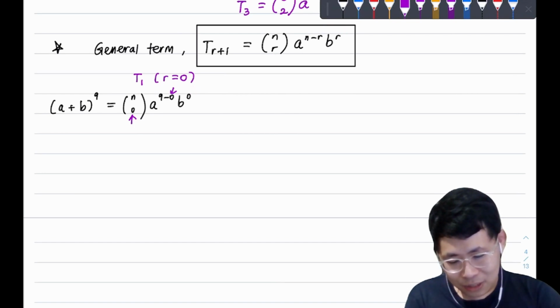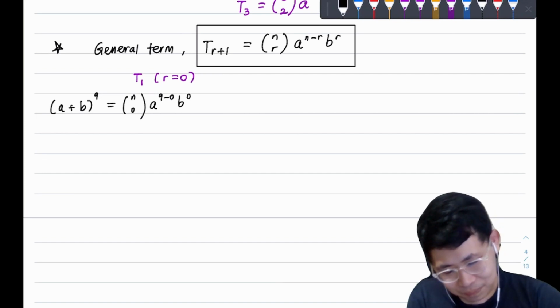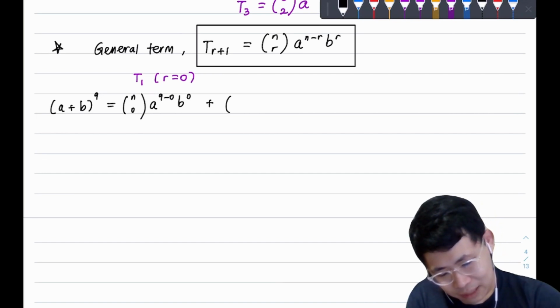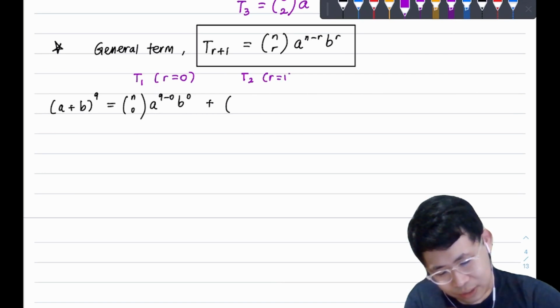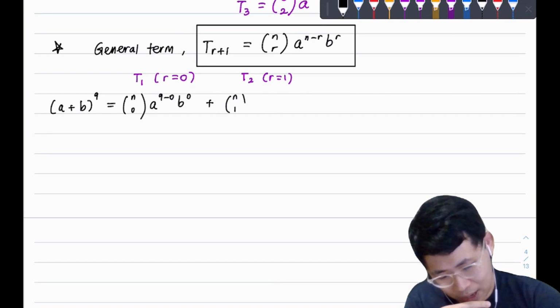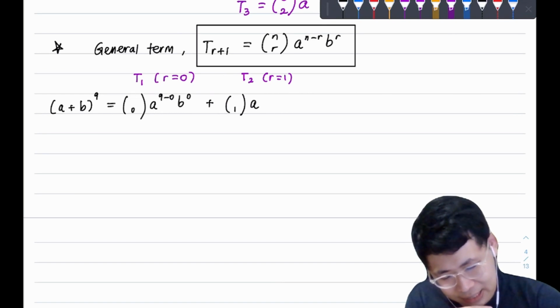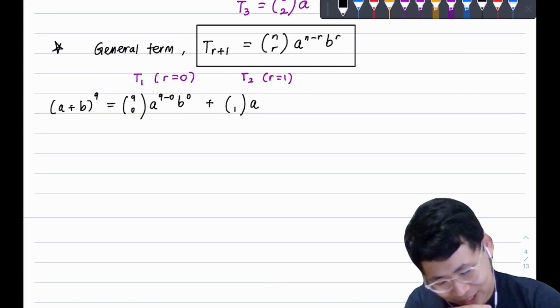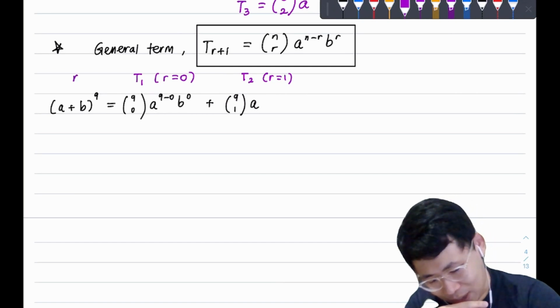Next one, let's take a look at the second term. This is going to be T2, where r is equal to 1, correct? So this will be n choose r. Oh, sorry, not n. Now n is 9. Sorry, my bad. So n is equal to 9.